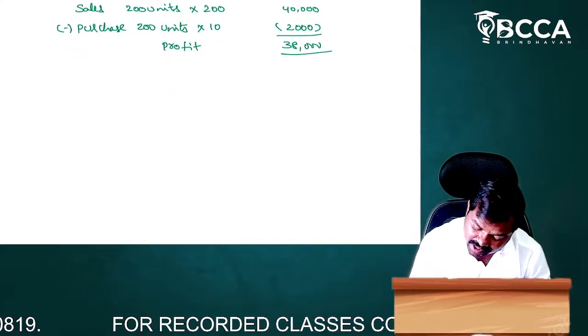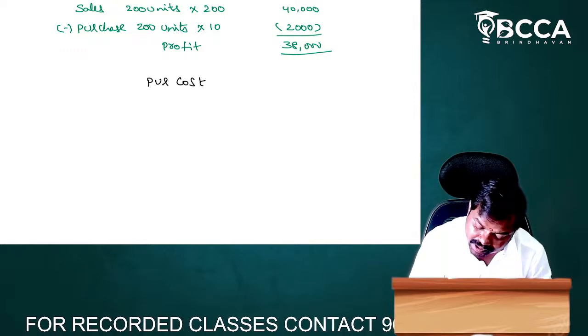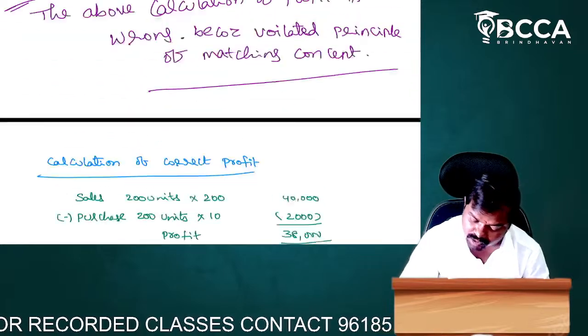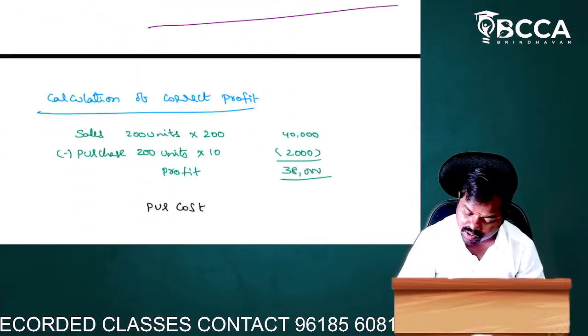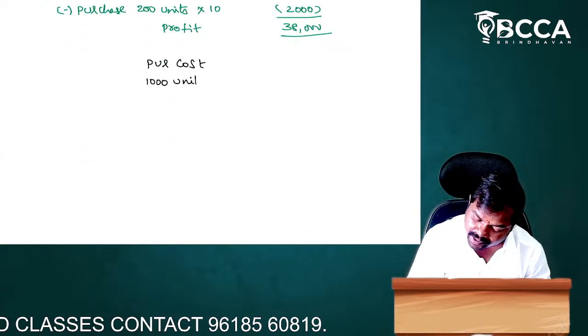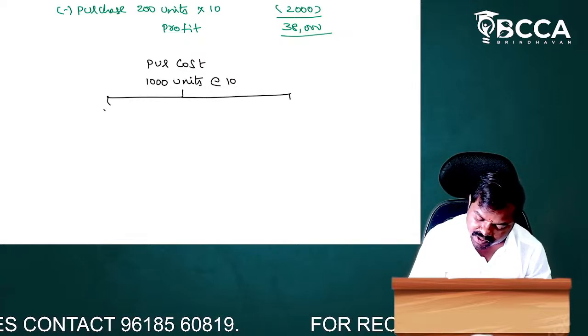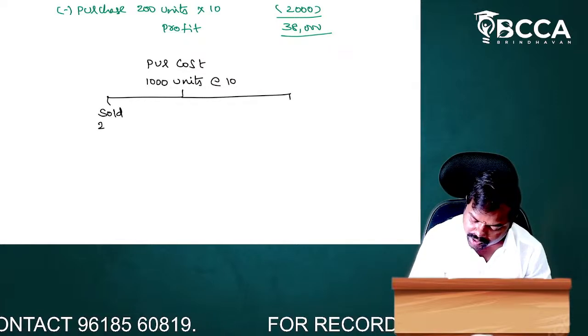Please listen carefully. Here, purchase cost. How much? 1,000 units they purchased at the rate of 10 rupees. Out of 1,000 units, they sold 200 units.